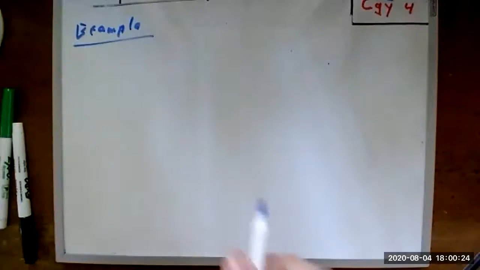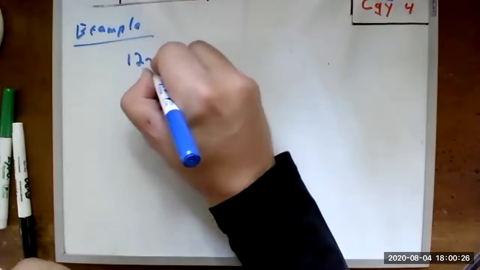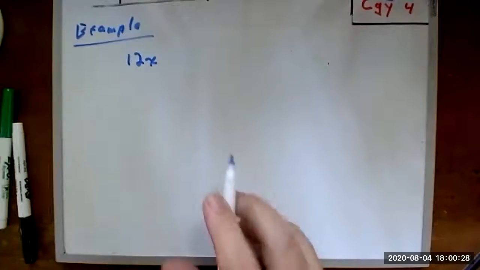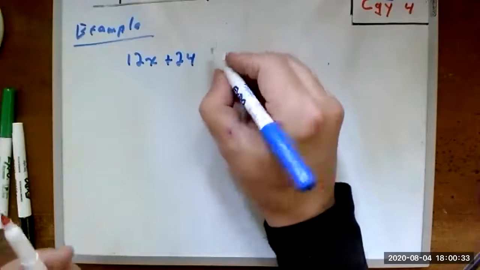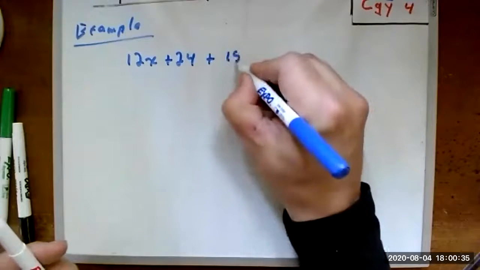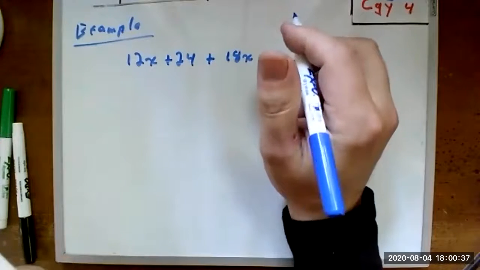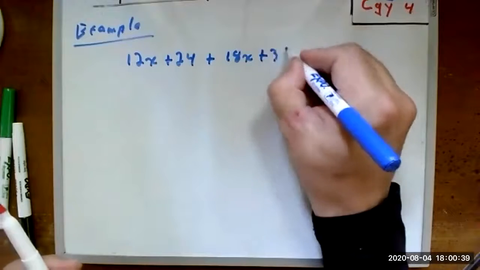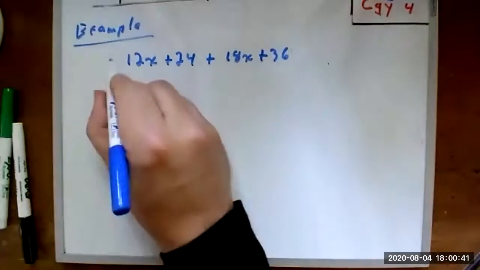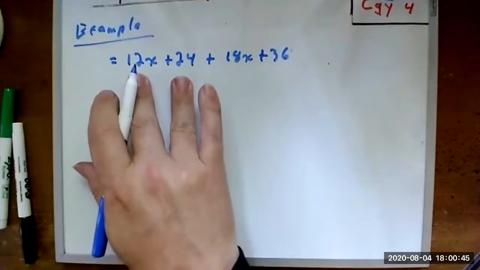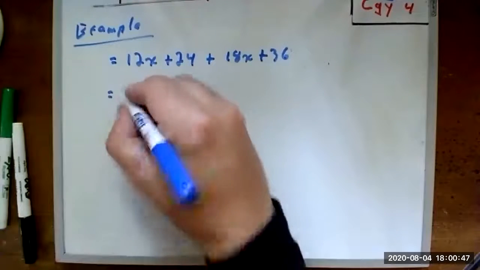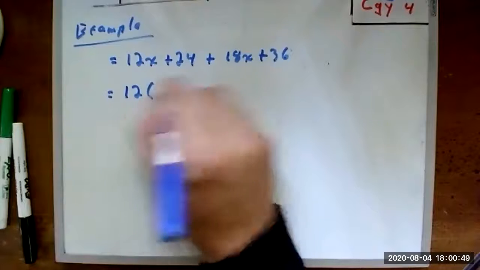Okay, I'm going to do this even slightly more complicated so that you can see where this all comes from. So this all comes from an idea called factoring by grouping. Okay, so let's say that we were left with 12x plus 24 plus 18x plus 36.